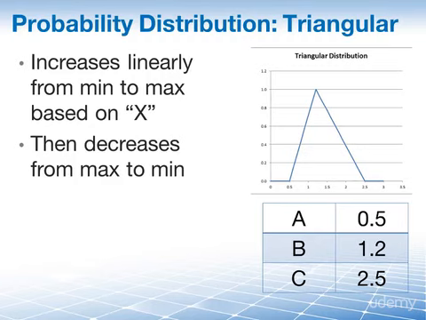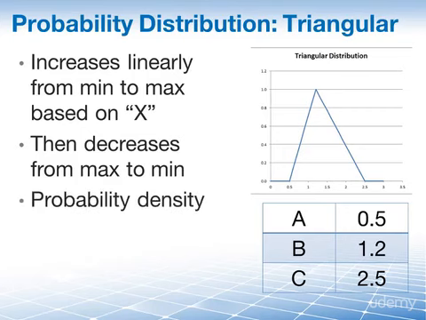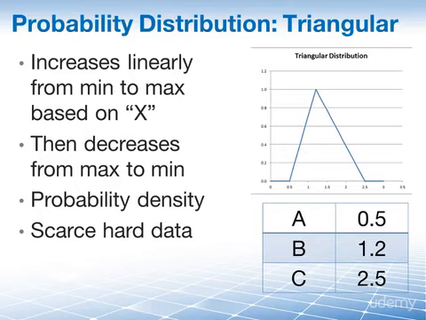The triangular distribution provides the project team with a probability density for each value of x. This is best used when hard data is scarce and when you're able to work with a part of the sampling population to make an educated guess.